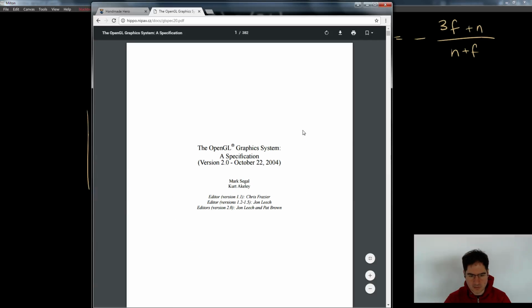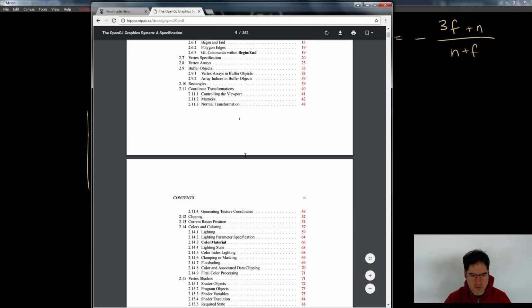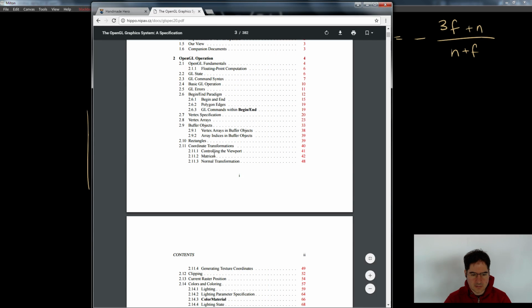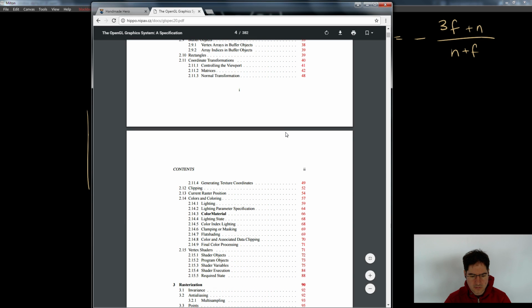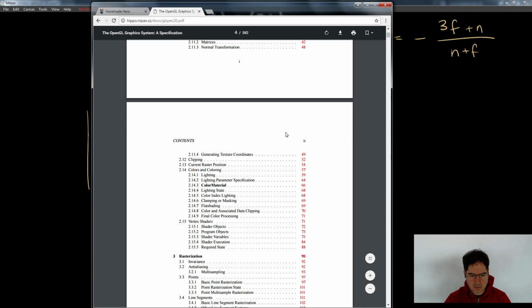I think the section I want is probably coordinate transforms. Guessing that's probably where it is.